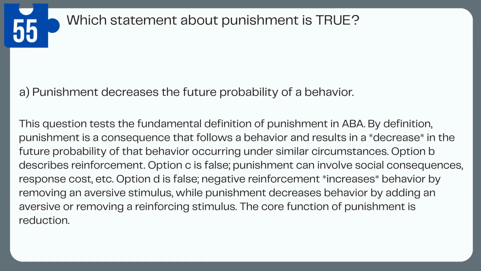Option C is false. Punishment can involve social consequences, response cost, etc. Option D is false. Negative reinforcement increases behavior by removing an aversive stimulus, while punishment decreases behavior by adding an aversive or removing a reinforcing stimulus. The core function of punishment is reduction.